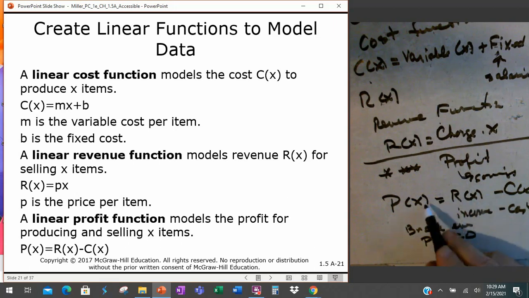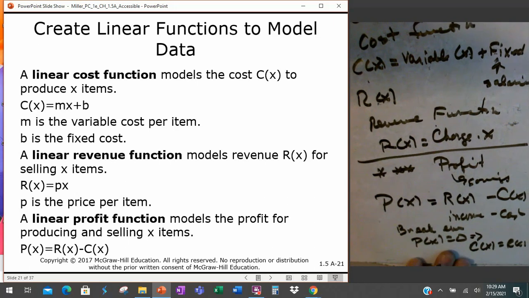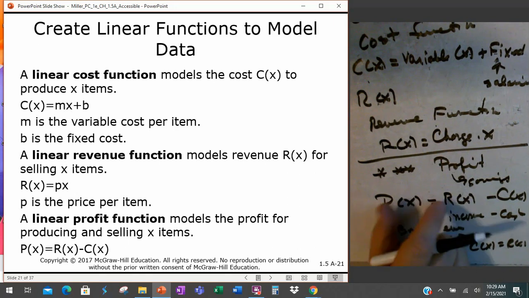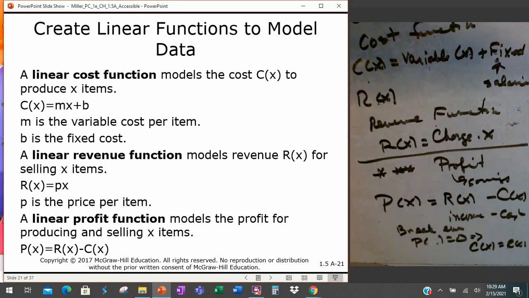When you set this equal to 0 and bring this over there, that means your cost is the same as your revenue. So when's your break even? When do you make a profit of a certain amount? All of those things can be built into these business application problems.